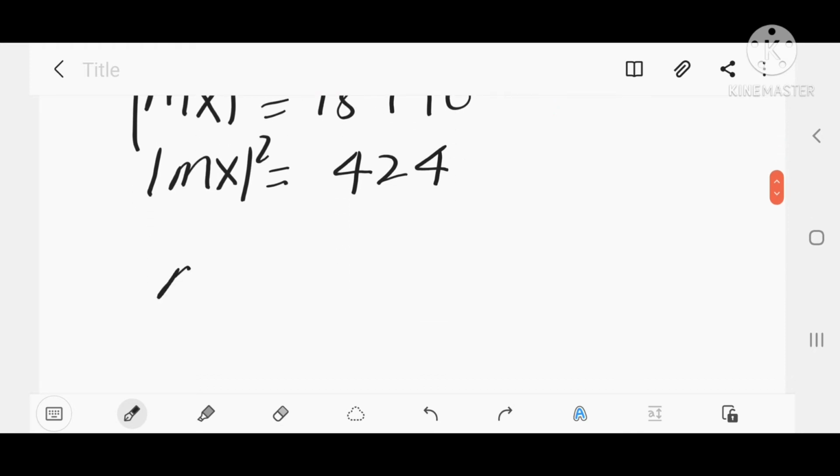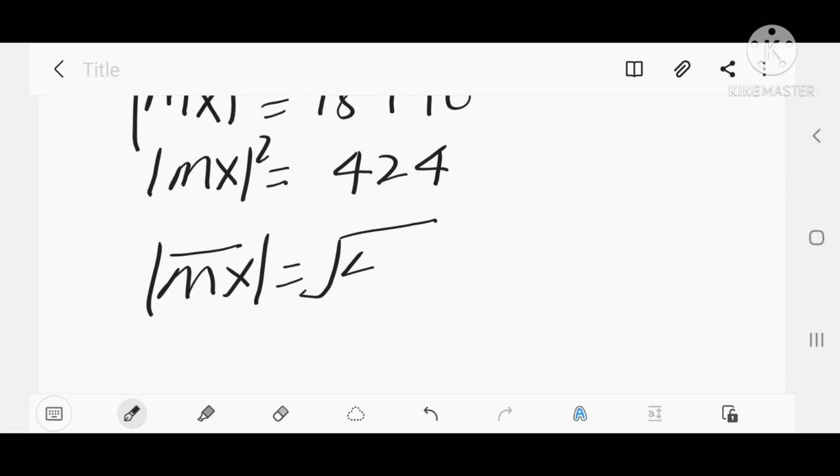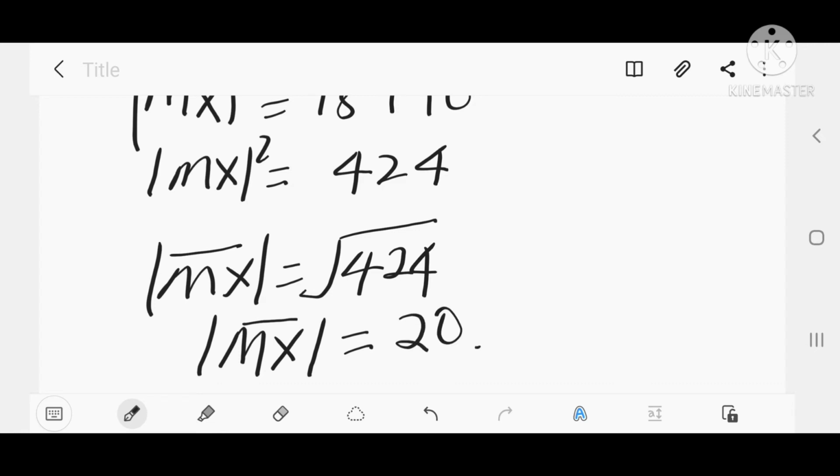So the length of line MX is equal to the square root of 424, which is 20.6, to one decimal place. So it's approximately 20.6. So that is it for our length.